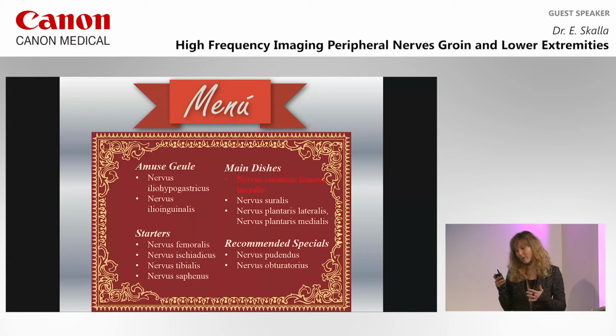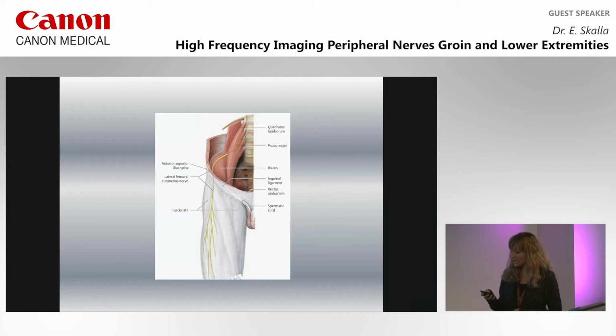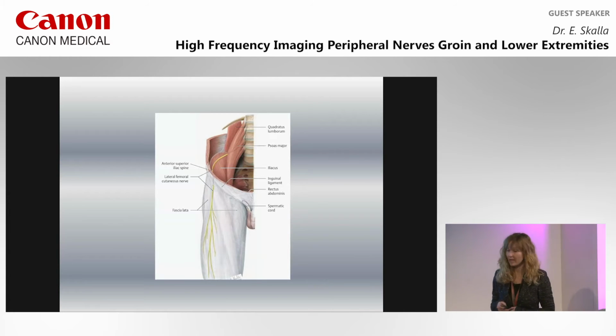I will show you a point where you can find it more easily and then follow it upwards. So once again to the anatomy. It leaves the pelvis together with the femoral nerve and the iliopsoas muscle through the lacuna musculorum, then pierces the fascia lata and runs subcutaneously on the lateral and proximal aspect of the thigh.